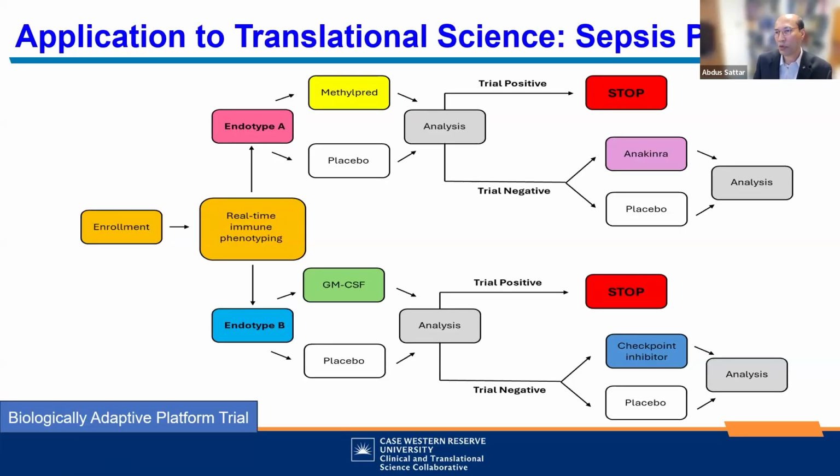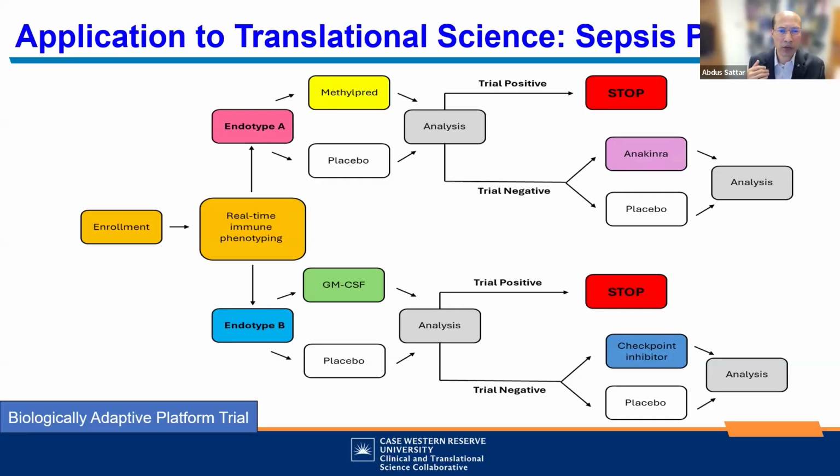Before getting into the details, generally sepsis patients in the ICU receive antibiotics and resuscitation fluid. That's it, irrespective of their, say, cytokine response. So in this study, we are proposing to do some endotyping, say endotype A or endotype B. Basically some patients would be hyperinflammatory, some could be hypoinflammatory or immunosuppressive.